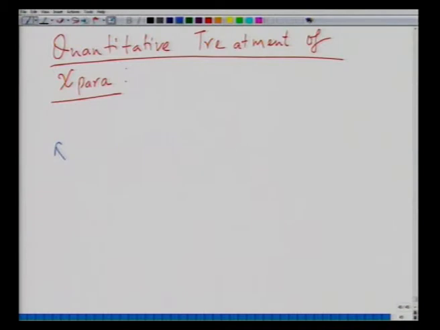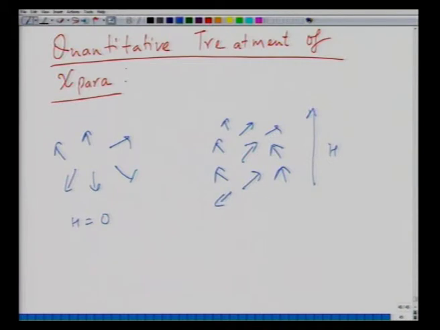In the absence of a field, H equal to 0 will be a completely randomized picture, and when you have a finite H, then these will be a little random, but with the propensity to align in the direction of the applied field. So H is not equal to 0 and mu net is not equal to 0.